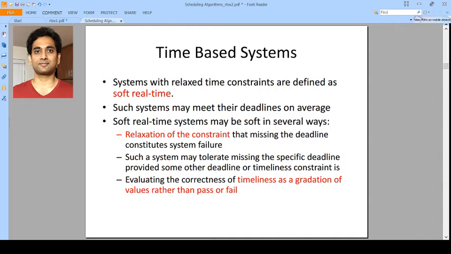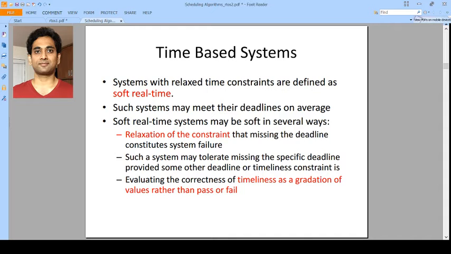Now, systems with somewhat relaxed time constraints are defined as soft real-time systems. Such systems may meet their deadlines on average. Some deadlines may be met, some deadlines may not be met.